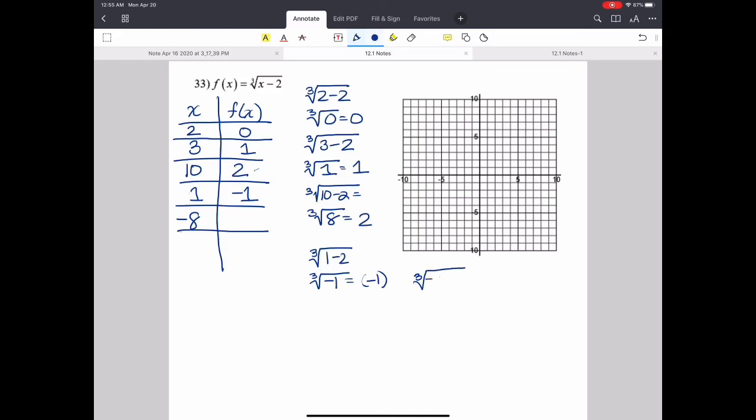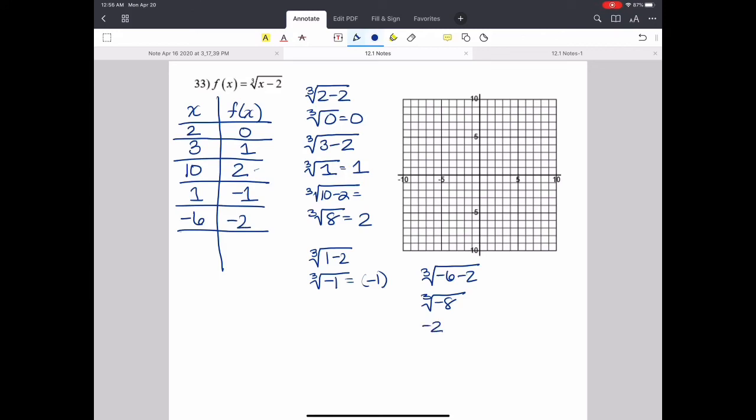So negative 8 minus 2 equals negative 10. Oops, I don't want to do that. If I want to make that negative 8, I'm going to put negative 6 there, because negative 6 plus negative 2 is negative 8. And the cube root of negative 8 is negative 2.